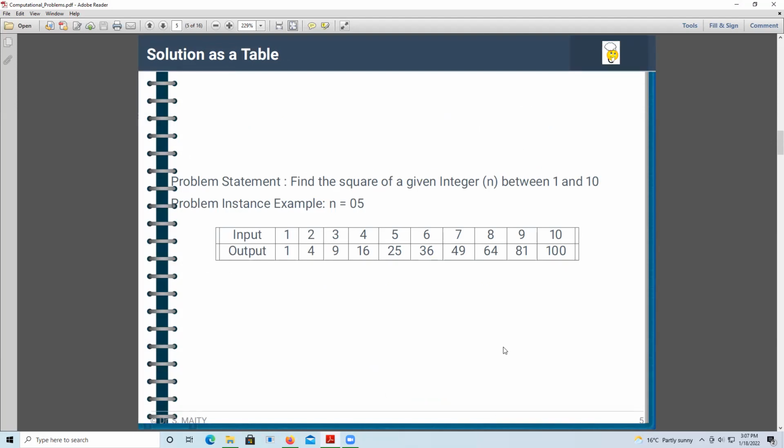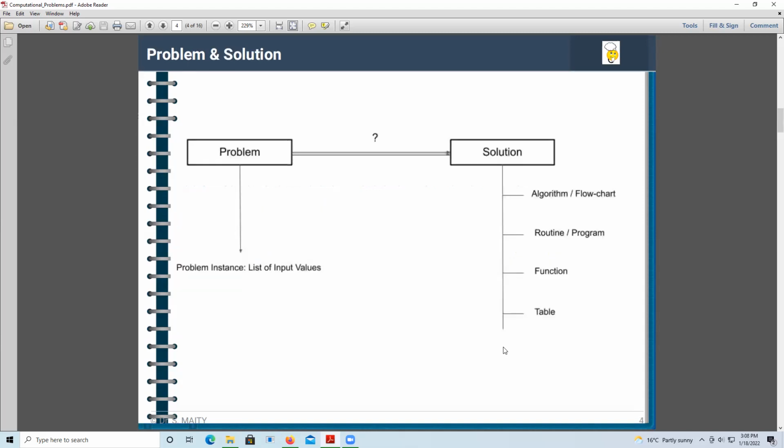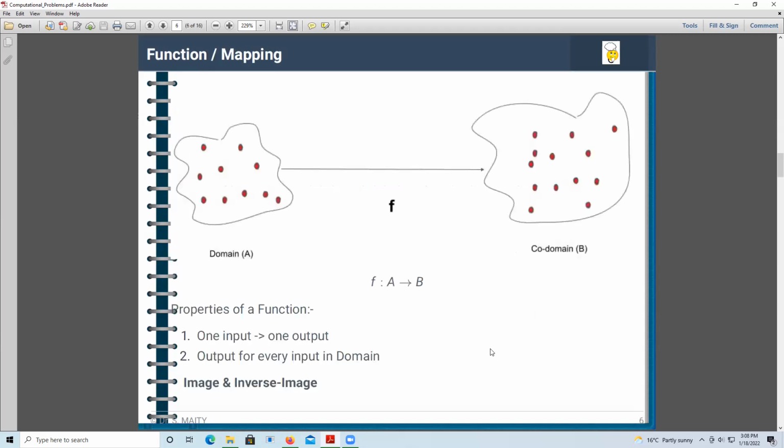But in tabular representation, we can only represent finite sets of inputs. So we can list the inputs and their corresponding output values. That is one way of representing the solution. The other ways are function and algorithm. A routine is the coding of the algorithm. So first we'll discuss function.